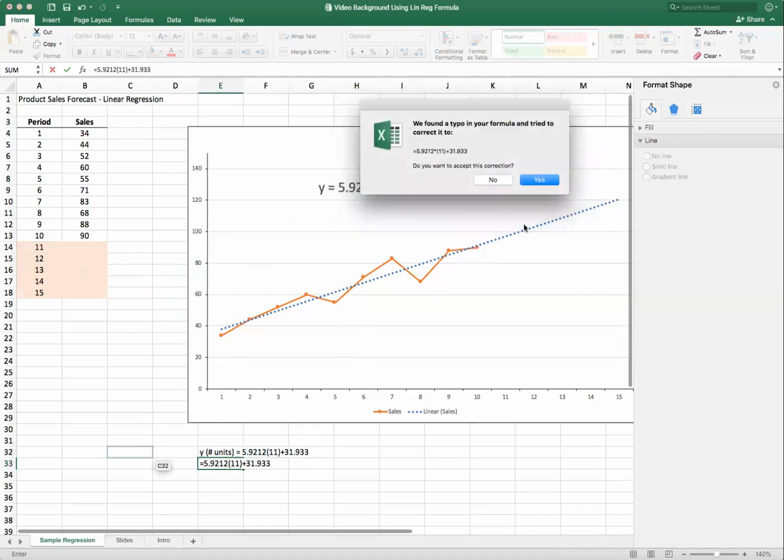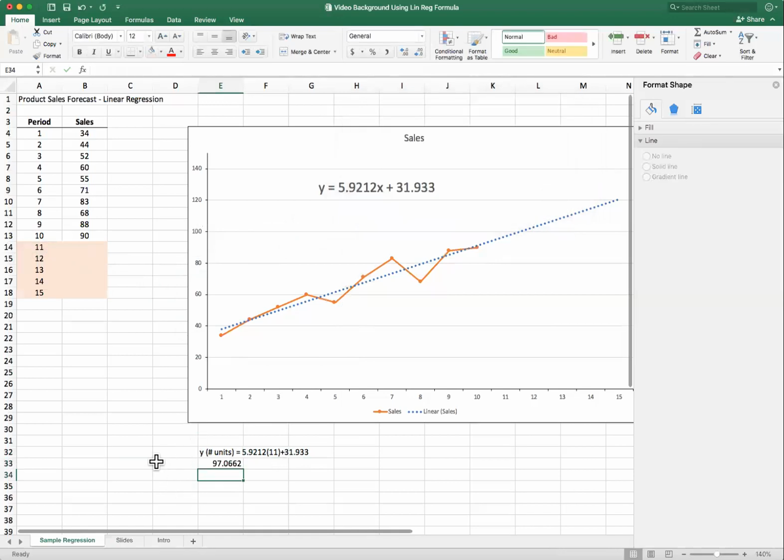So equals 97 units. So our forecast for period 11 using linear regression is going to be 97 units.